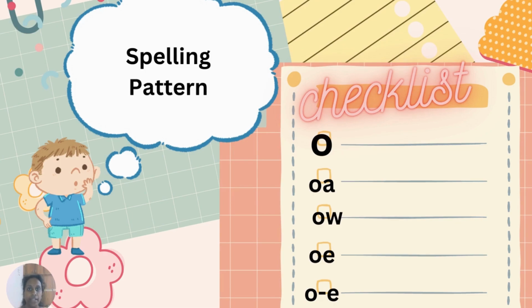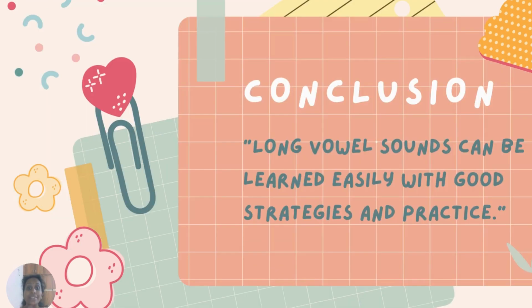If we give this kind of checklist initially when they are getting started, and they have good listening skills, we can ask them to listen carefully while giving a dictation test, so they'll understand and write the correct spellings. So long vowel sounds can be learned easily with proper strategies and enough practice.